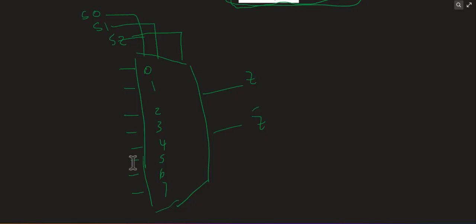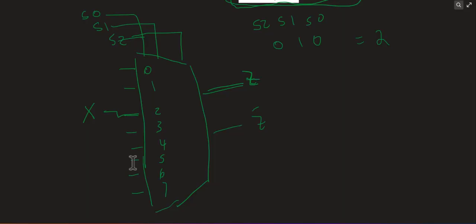The way this works is based on what your select inputs are. So if my S2, S1, S0 is 0, 1, 0, that's binary for 2. And that means that whatever input I have coming into 2, that's going to be what comes out at Z.